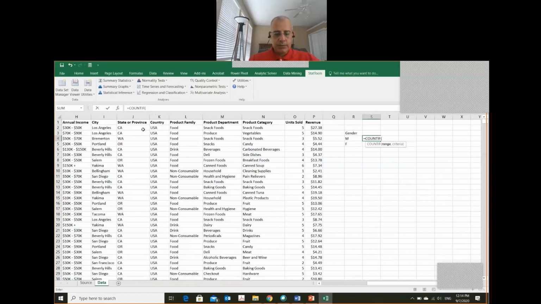So we want to count the number of male in column D. D2 through D14060. This is our range and our criteria. We want to count the number of male, or M, in column D. Double quotation M.